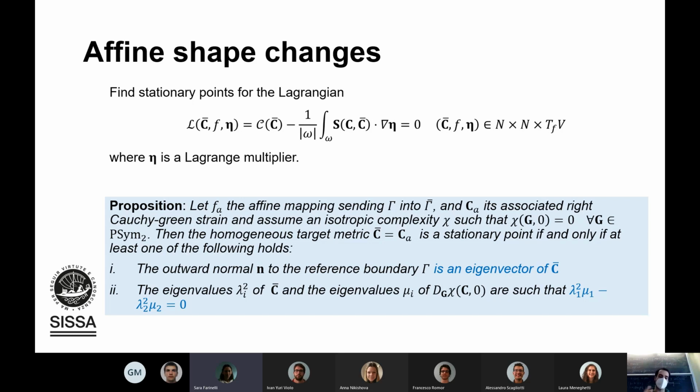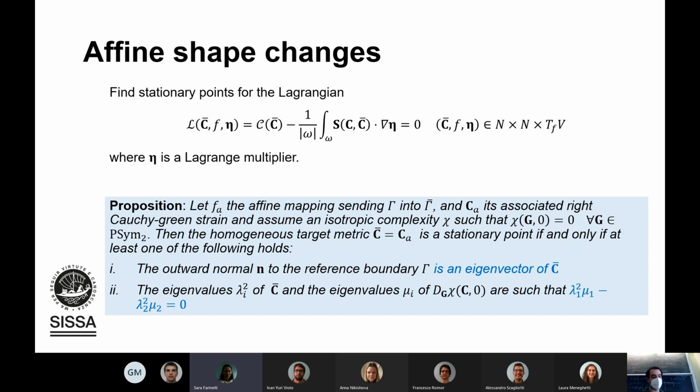This proposition is quite general in the sense that it's valid for a generic elastic energy and in principle a generic complexity function. It states that this homogeneous target metric C bar equal to CA is a stationary point if and only if one of two conditions holds.